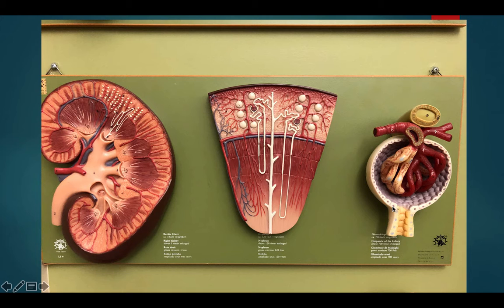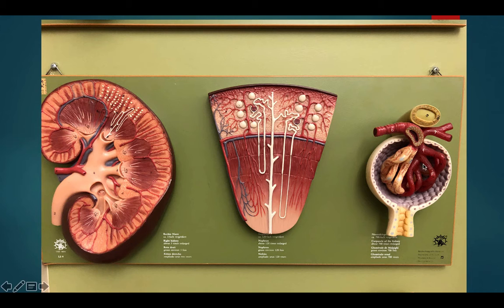I will call it the Bowman's capsule because I'm old school, but you can use either term. I just like to give those initial scientists involved with the discoveries a little credit for all their hard work.